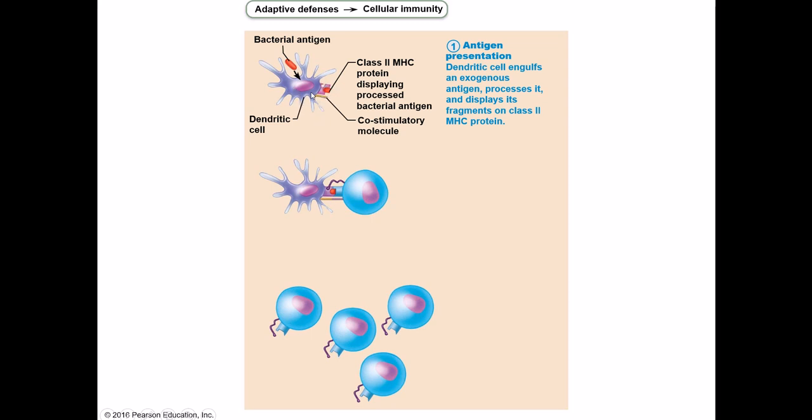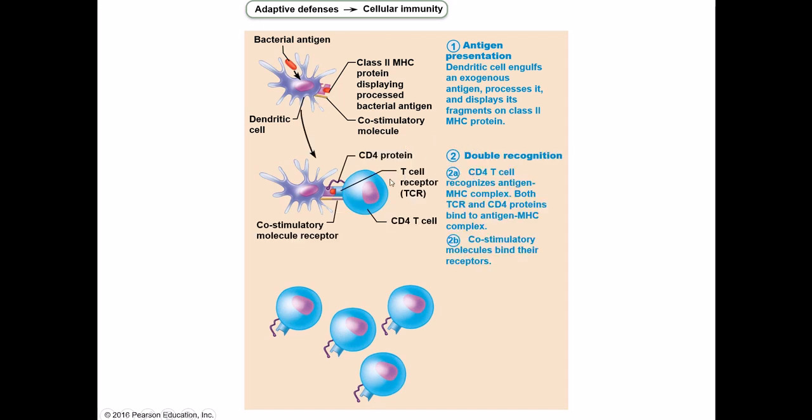And here you can see this little co-stimulatory molecule. And so it's this idea of double recognition. Not only does the T cell have to recognize the antigen on the APC, this co-stimulatory molecule on the APC has to recognize the naive T cell.